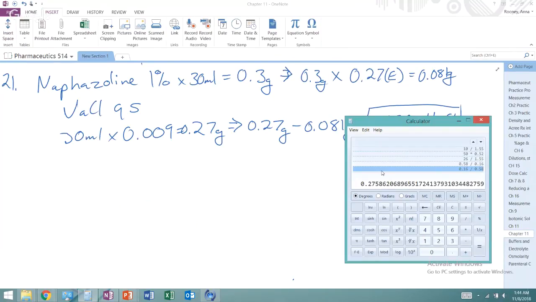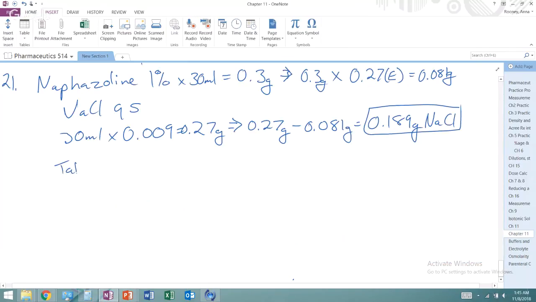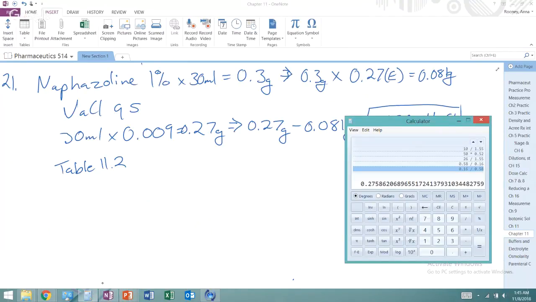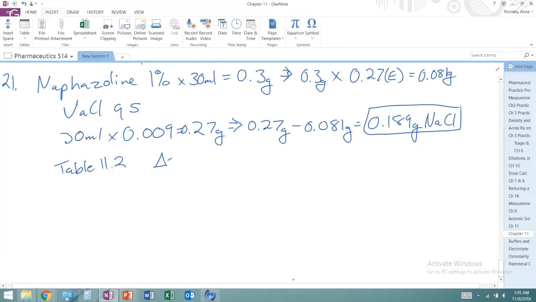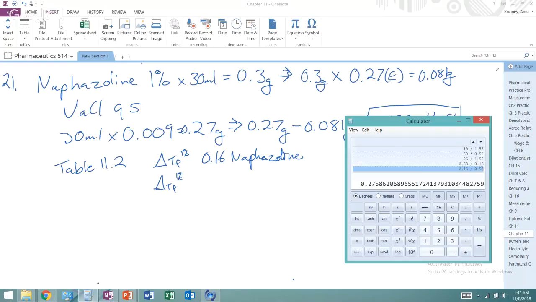So there's Table 11.2 in the book. If you're doing the freezing point depression method to find the E value, you take the change in temperature for 1%, and that change would be 0.16 for naphazoline, and then you take the change in temperature for 1% sodium chloride, which is 0.58.